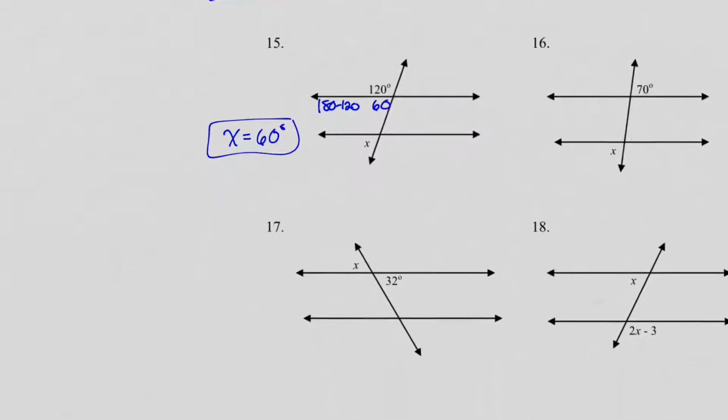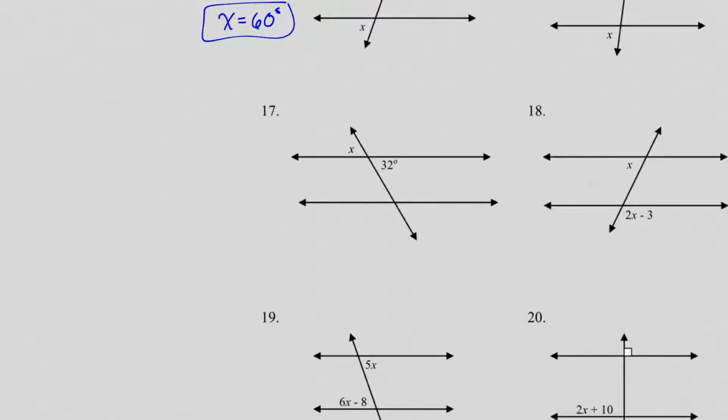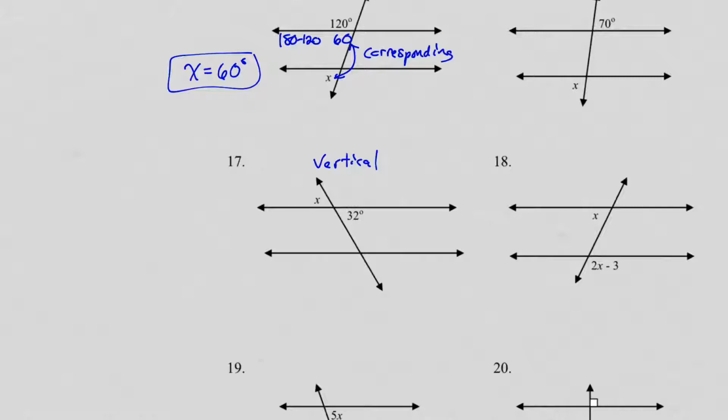Okay, let's go to number 17. 17, the relationship is vertical. Wait, I forgot to put, these are corresponding. Okay, and these two are vertical, so we know x is 32 as well.